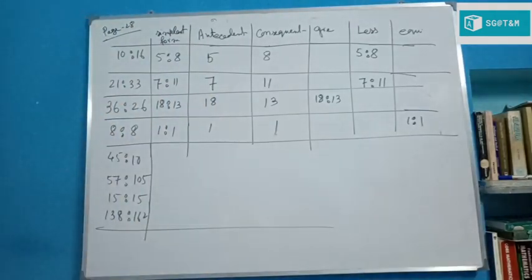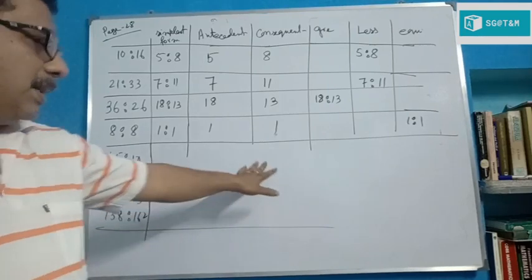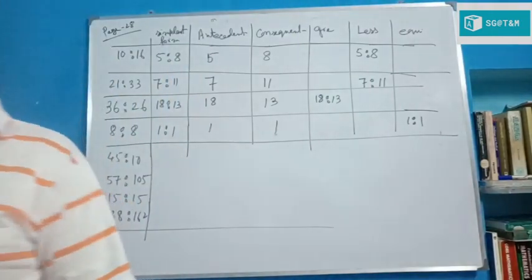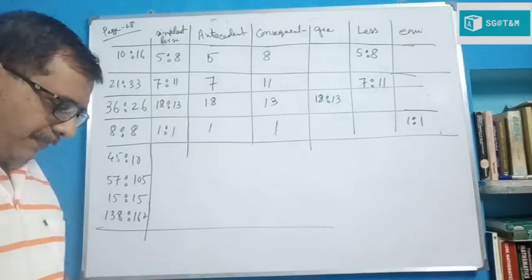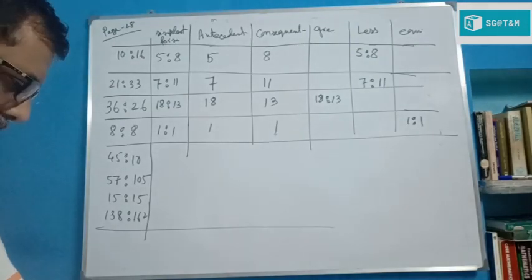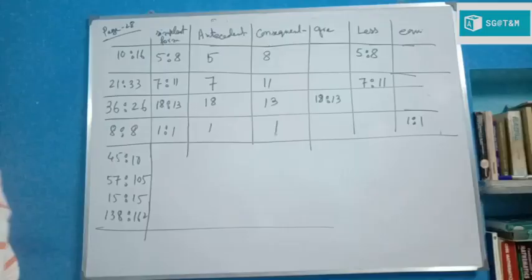Try yourself, very easy to calculate. Just write down and complete them, and check the answers from your book also. I hope that all of you do it very easily. So I go to the next one.